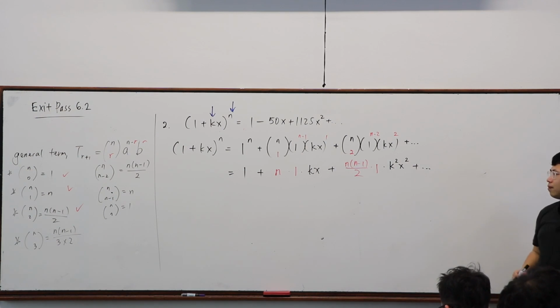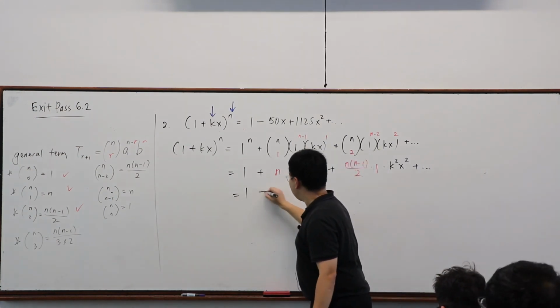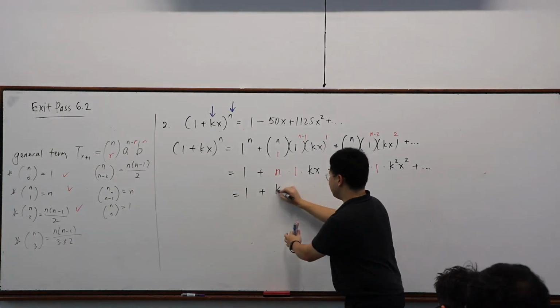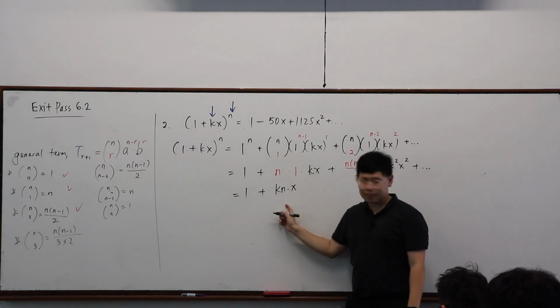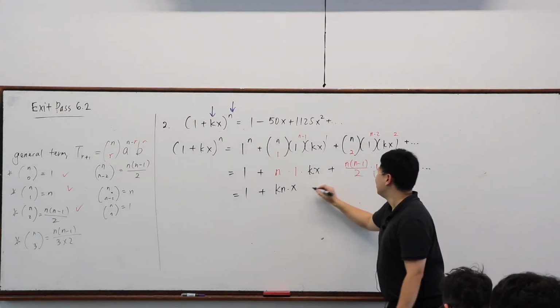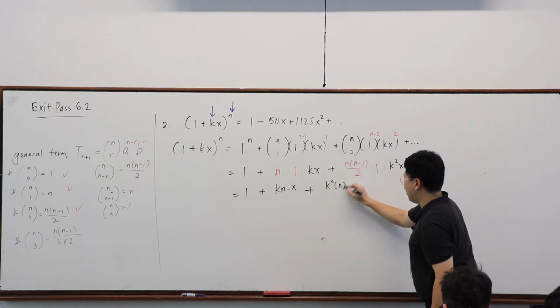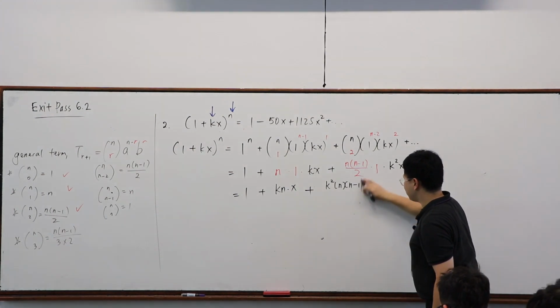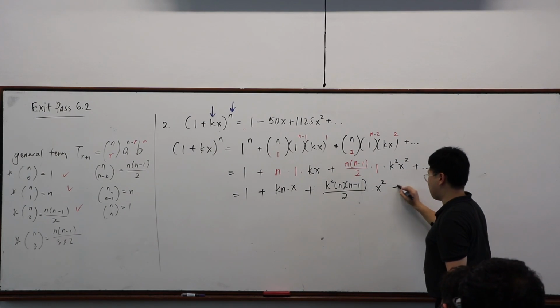So far so good. Let's simplify. So I have 1 plus all the coefficients together and the x, then all the coefficients together, so I have k squared n(n minus 1) over 2 times x squared.